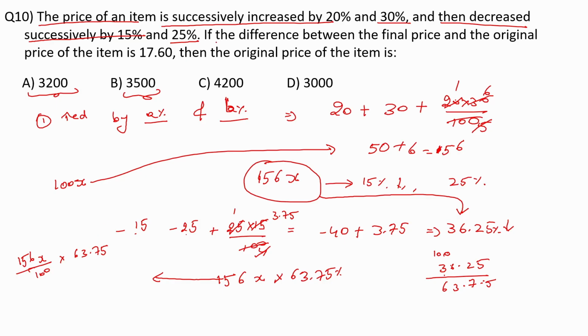And here it is given that the difference between the final price and the original price of an item is 17.60. Let me take another slide, guys.